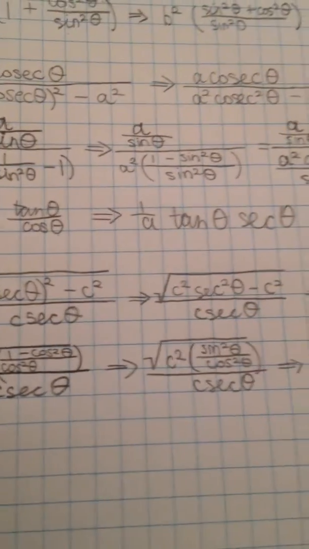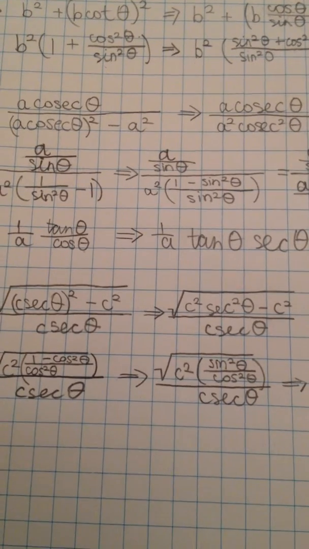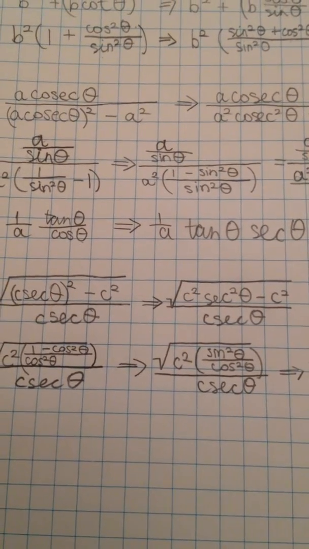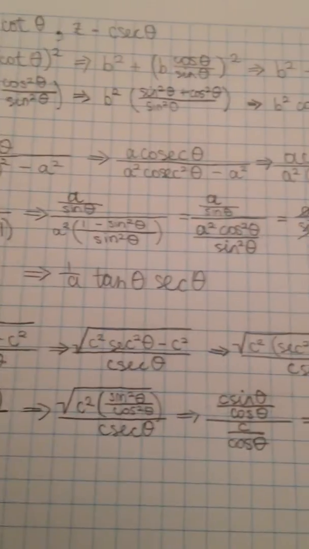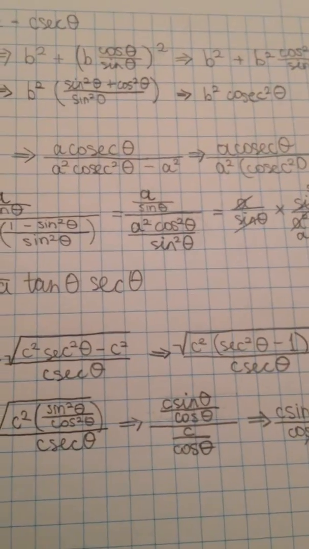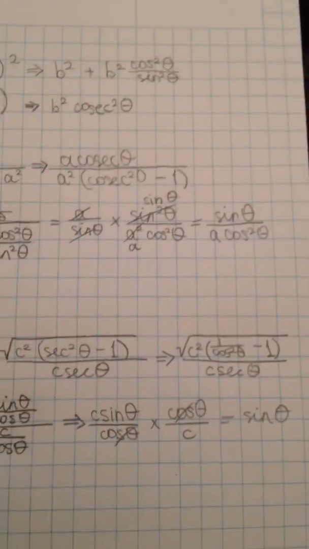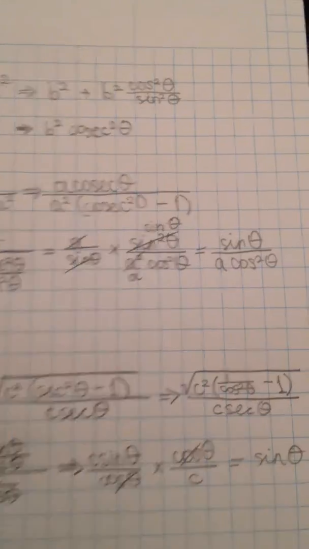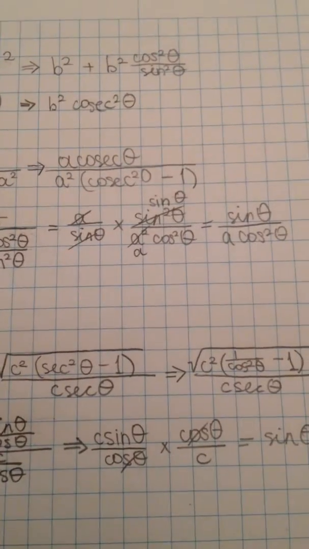And then I opened the bracket in the top one, so I got c squared sec squared theta, and left everything else the same. Then I was able to factorize, so I got rid of one of the c squareds.